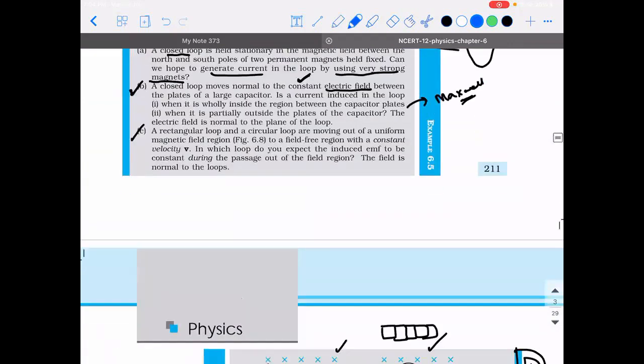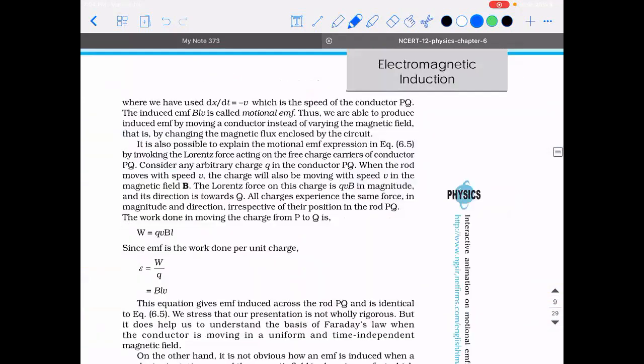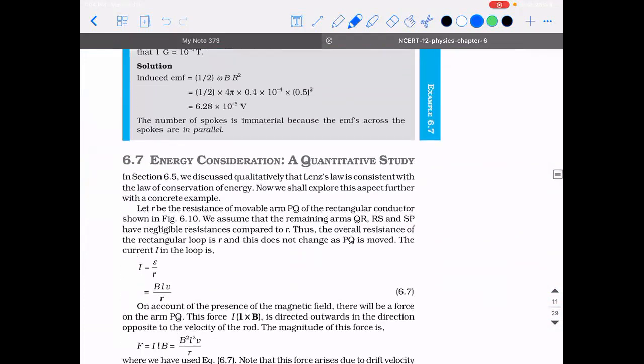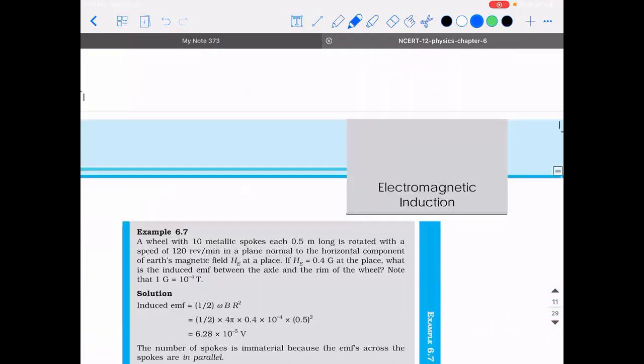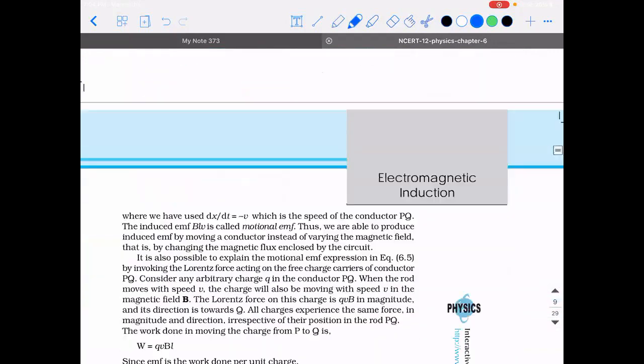In the next class, I'll be starting an important topic called motional electromotive force, and we'll be doing a problem based on it. It's actually a small chapter only. We'll be able to complete it in 3 more classes. Next Monday, it will be done, or Tuesday maximum.